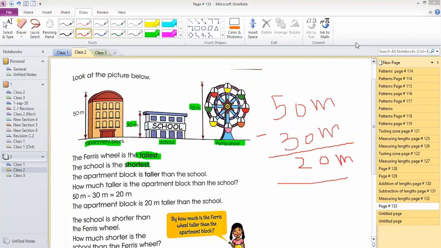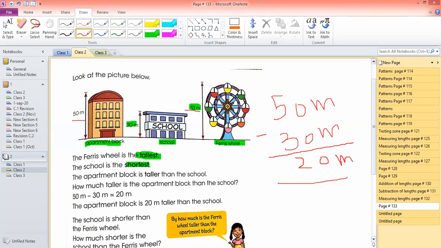When you compare the Ferris wheel with the apartment block, first check which is taller. You will say, sir, the Ferris wheel is taller because it has a height of 70 meters, whereas the apartment block is 50 meters. If I ask you how much taller the Ferris wheel is than the apartment block, you will write the height of the Ferris wheel and subtract the height of the apartment block.